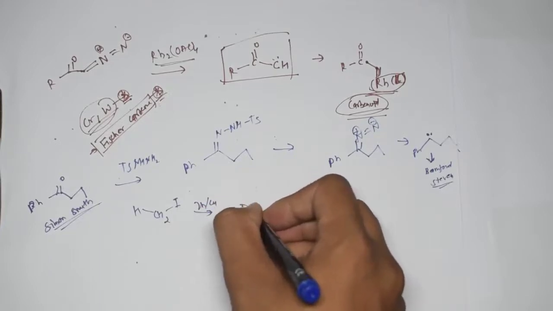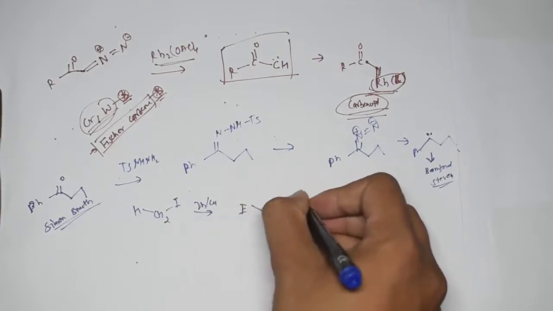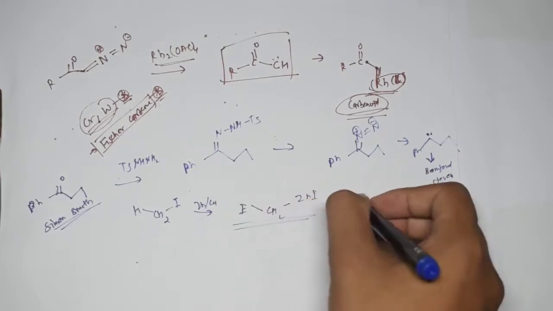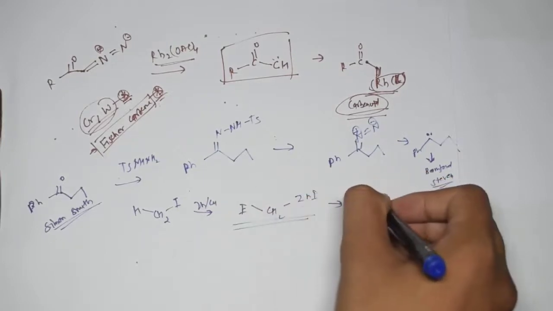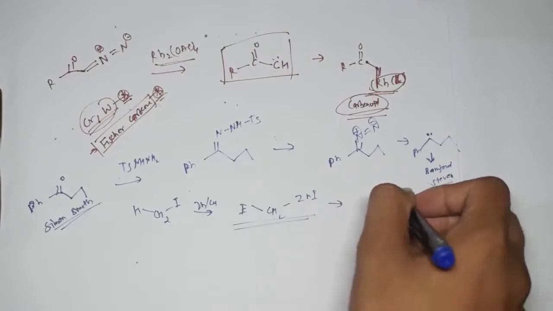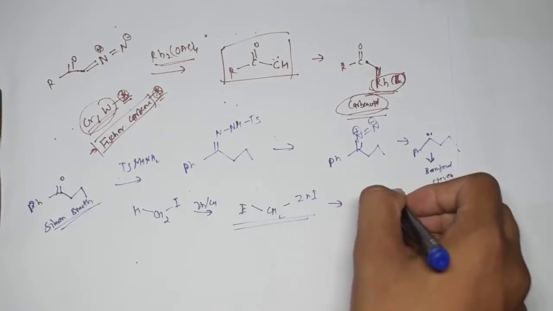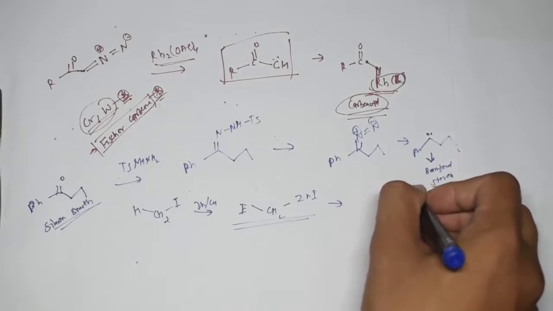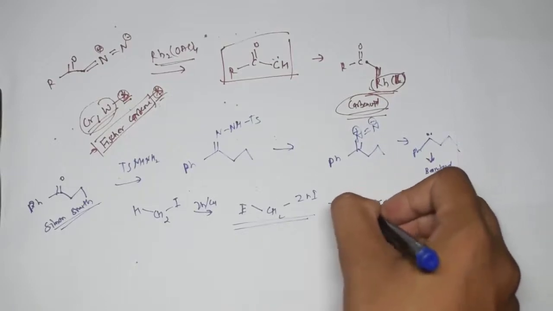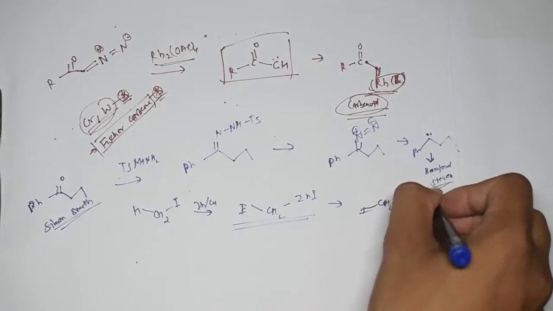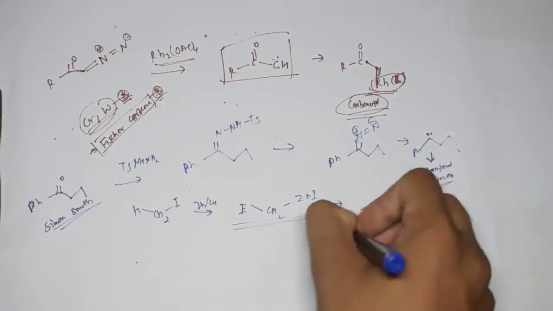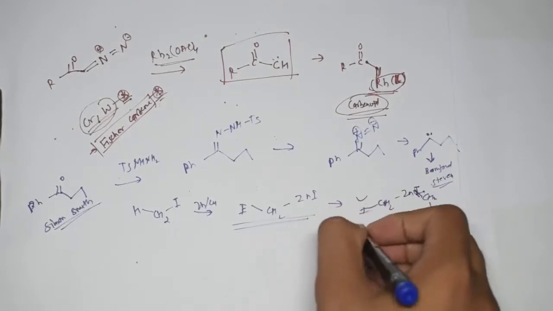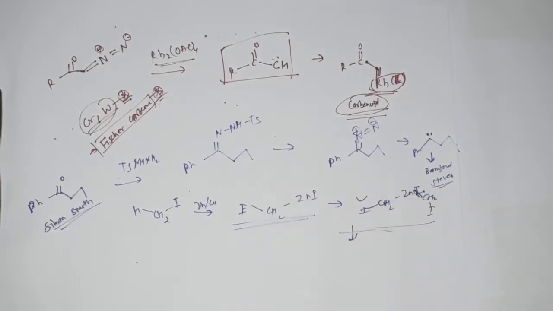So we were getting ICH2ZnI like this. And after this we were also getting CH2 with ZnI like this, and CH2I on this side. If you remember, this reaction was happening in the Simmons-Smith reaction, and this is an example of a carbenoid.